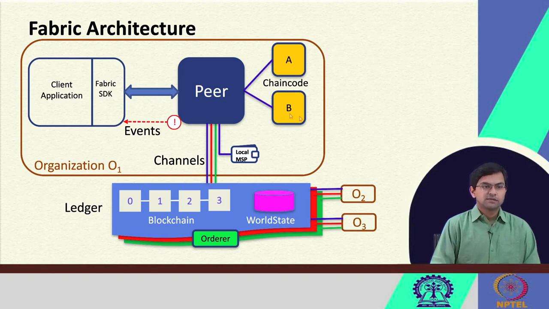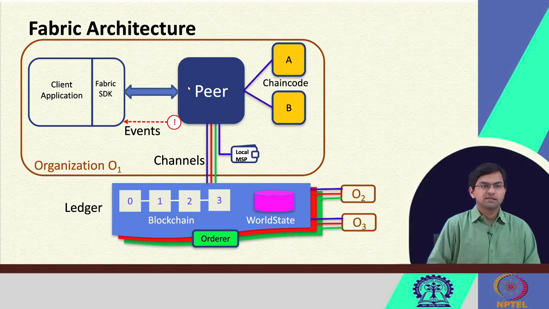Then let us go to the different components forming the actual blockchain network. If you consider one participant organization of a Fabric network, this organization will have a component called a peer.